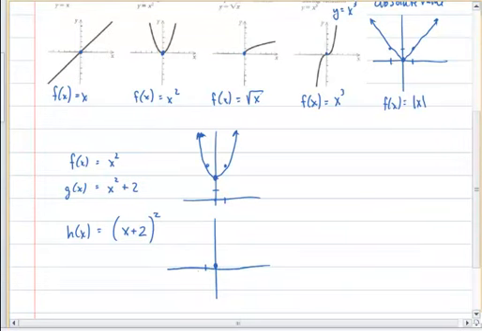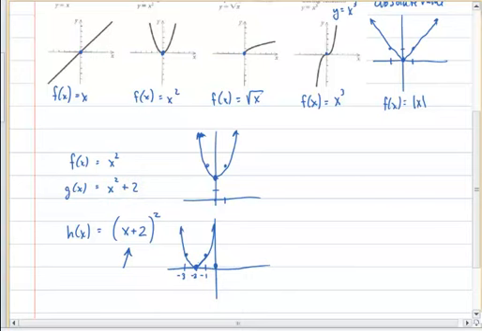So I would go to the left by 2, and my origin point would move there. And then if I put in -1 and -3, my parabola would have moved to the left.